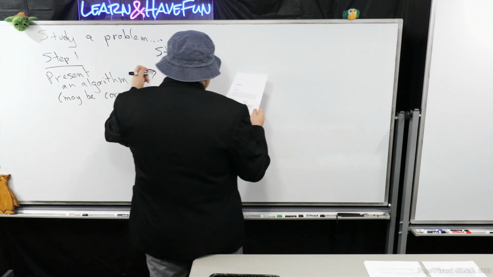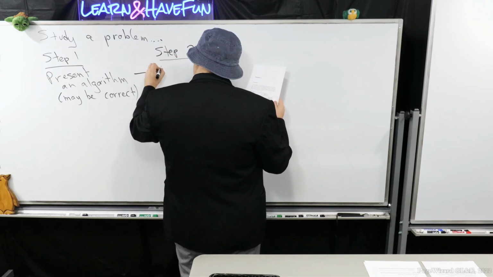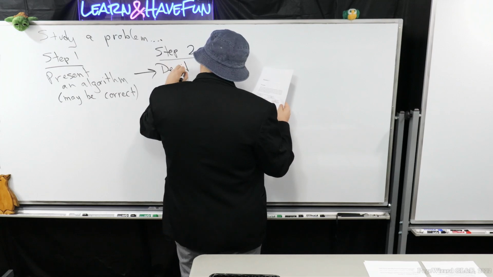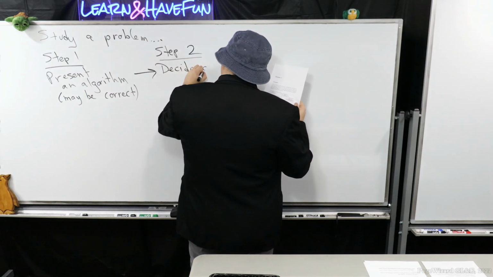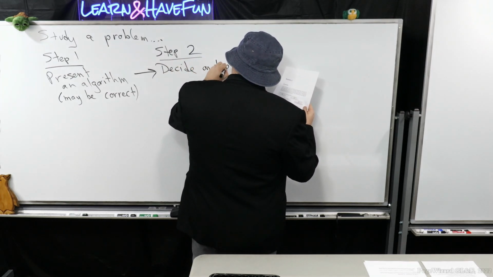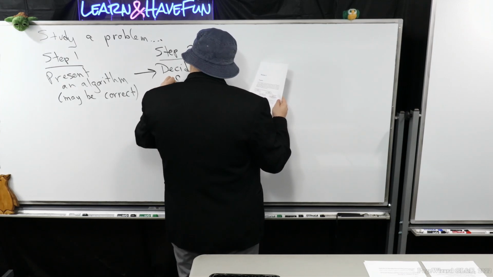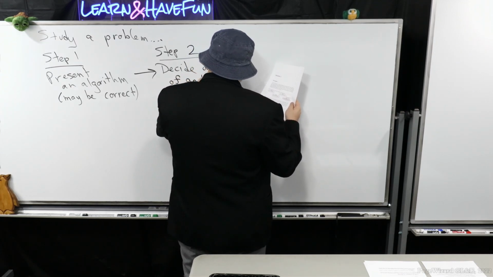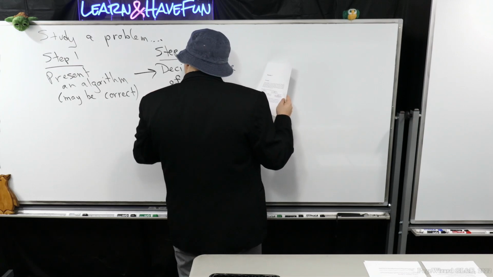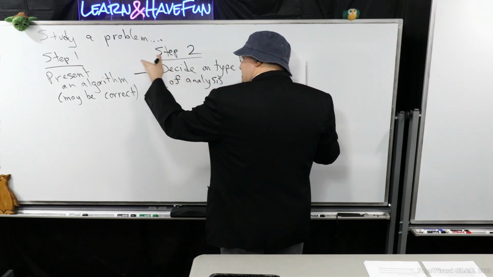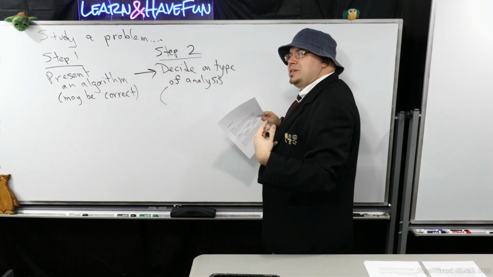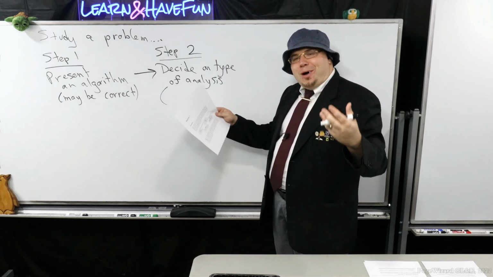I'm not really talking so much about that here, but the point is that you decide on a type of analysis. Once you have a model that you're analyzing the algorithm with, keep in mind, normally you develop the algorithm for the model.